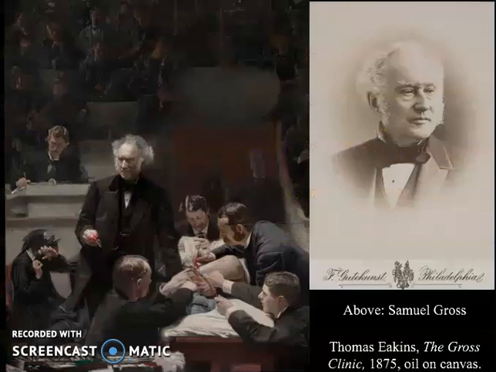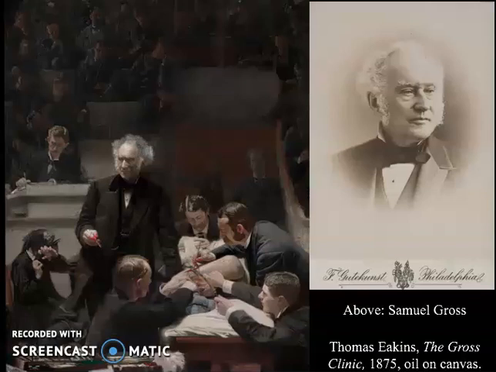But here we have a real doctor being represented. This is Samuel Gross. Gross, not as in this is gross, but that is his last name. Here you have Dr. Gross in the center of the image, hoping to perform this surgery in this class.